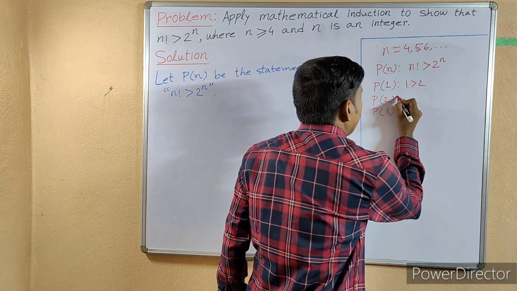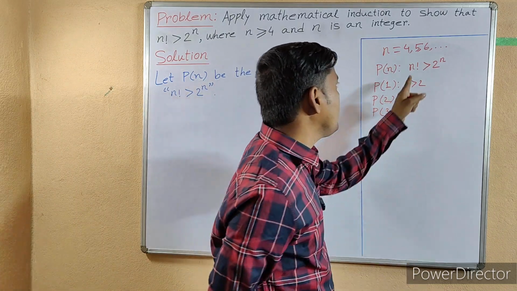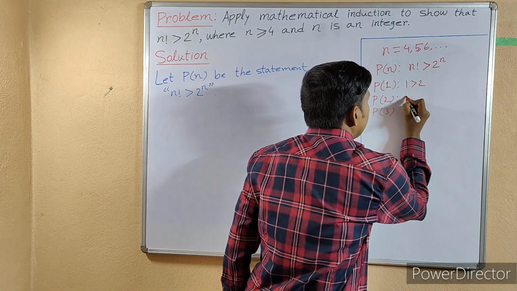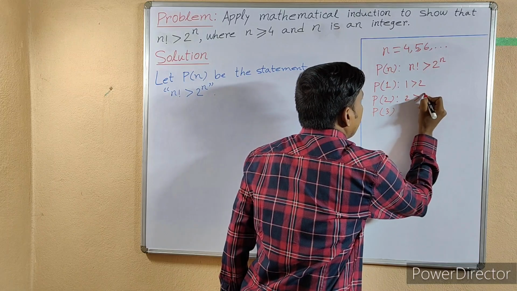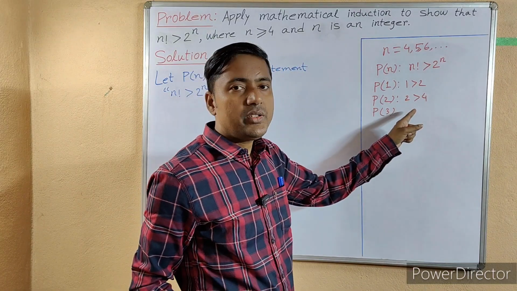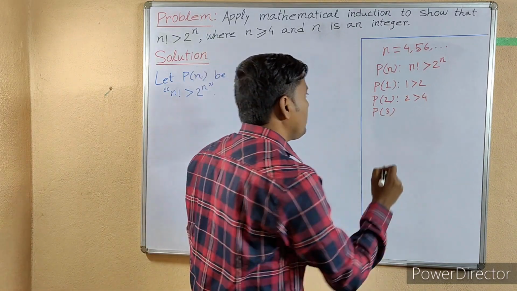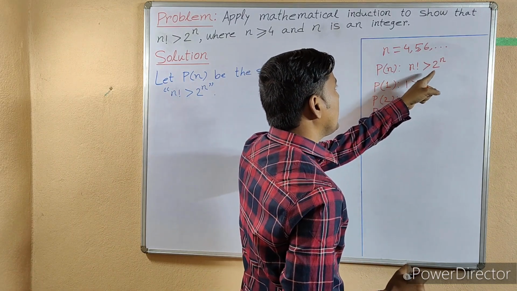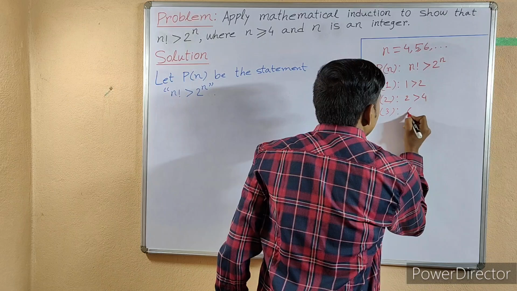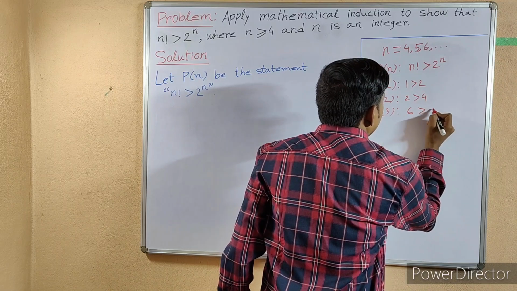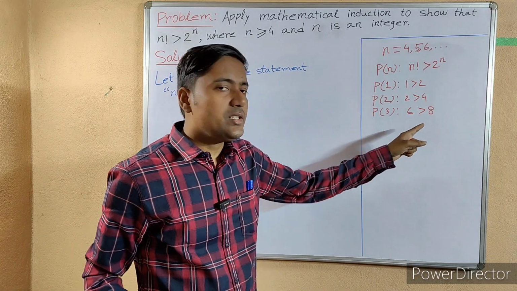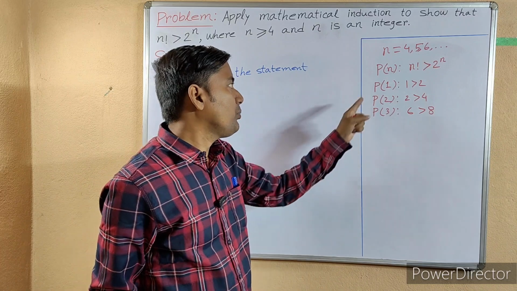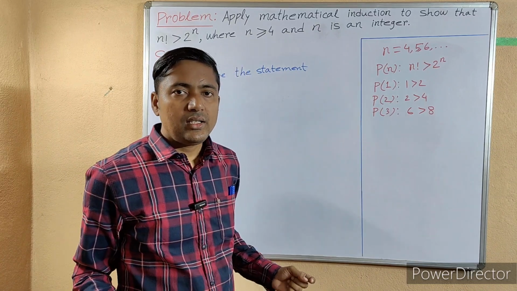P2 means factorial 2 greater than 2 square, that is 2 greater than 4, which is not true. And P3 means factorial 3 greater than 2 cube, that is 6 greater than 8, which is not true. So P1, P2, P3 are not true.